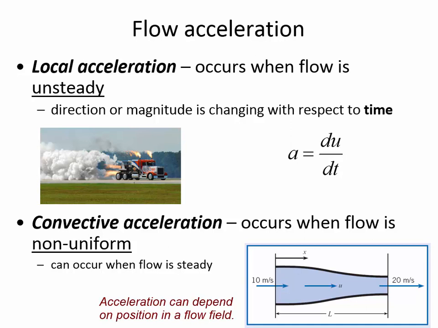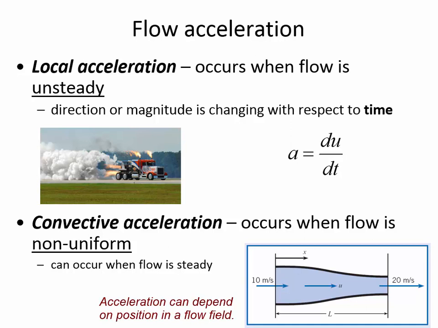If we change the flow rate in the pump, if we're gradually increasing the flow rate and the water is going through there, then it could be both non-uniform and unsteady at the same time. Or if we just had a straight section of pipe instead of this nozzle, then that's uniform flow.